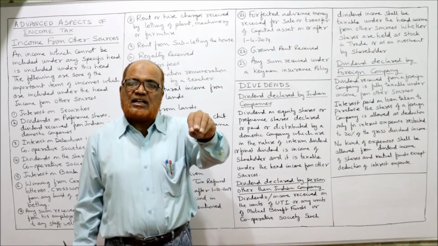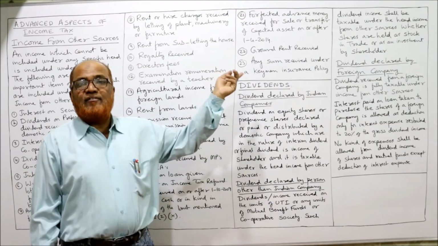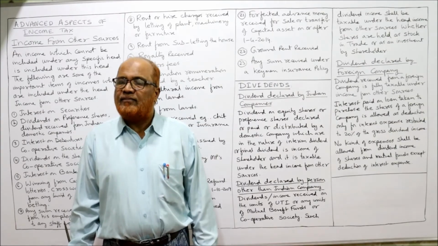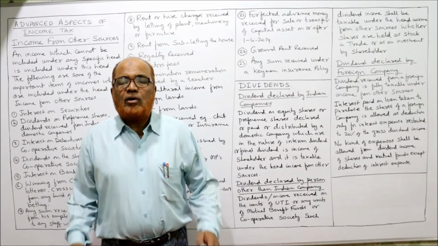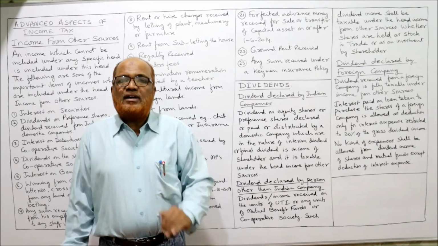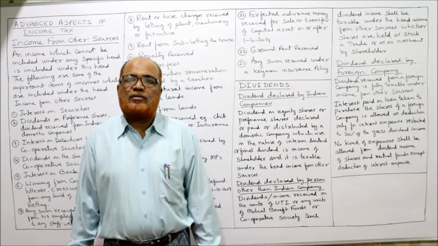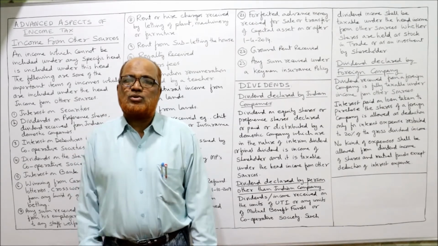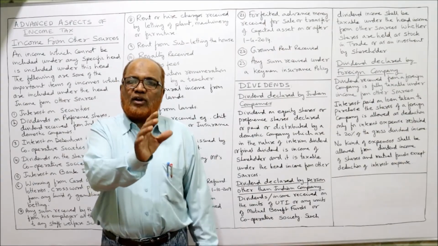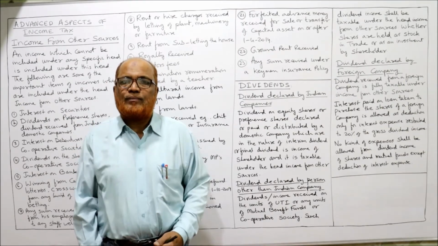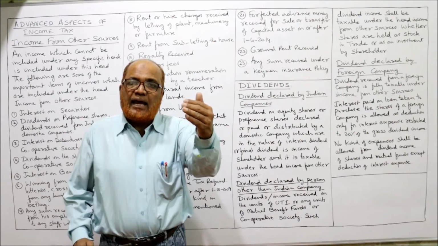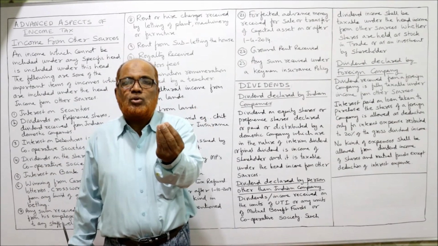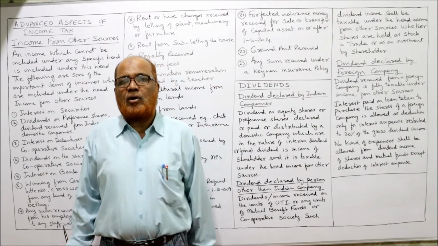Suppose he invested that 5 lakh rupees in a foreign company and got dividends. In 1 year the total dividend which he received is 40,000 rupees. Now 20% of 40,000 comes to 8,000. Deduction will be allowed 8,000 or 50,000, whichever is lower. 8,000 is lower, so only 8,000 will be allowed as deduction.